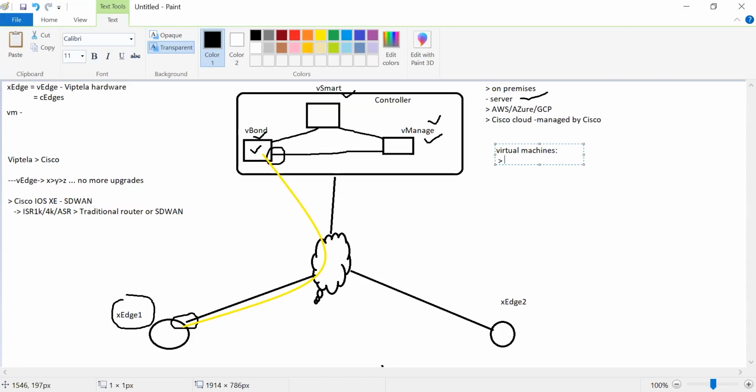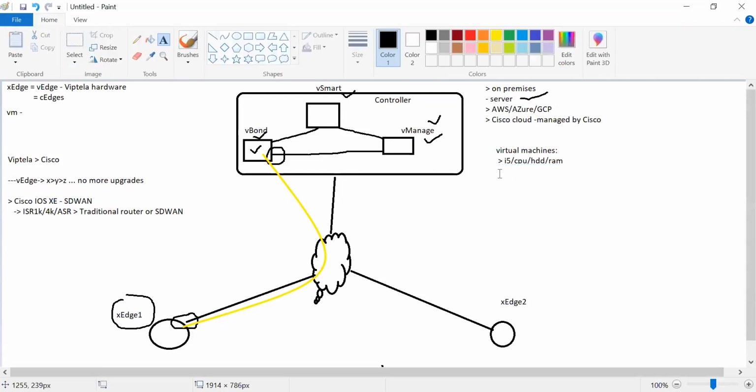For example, if we buy a laptop, we say I am buying an i5 processor, this is the CPU, this is the memory, hard disk, RAM, etc. Similar things apply to all 3 components. There are certain minimum requirements, for example the vManage virtual machine should have this many CPU cores and this much hard drive memory. We can look at the data sheets to check the minimum requirements in case we want to set up controllers on premises.